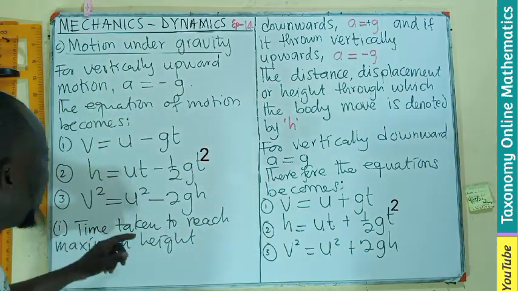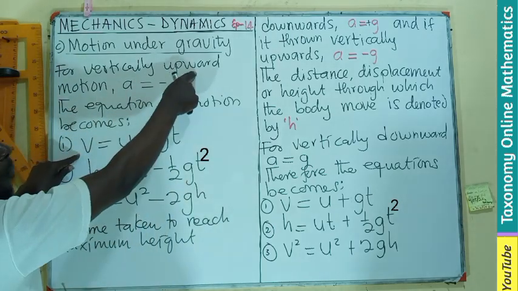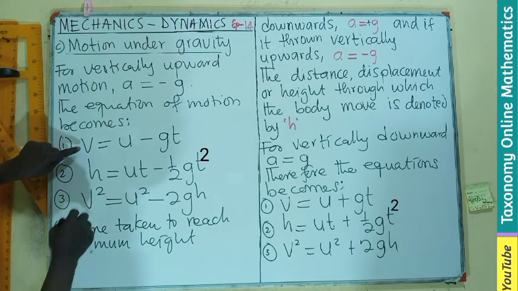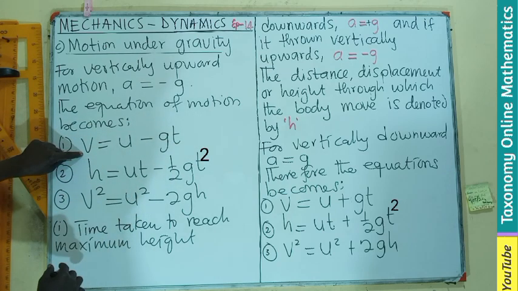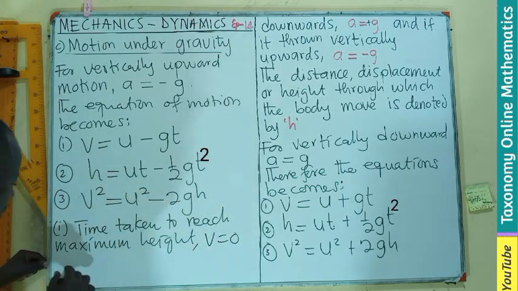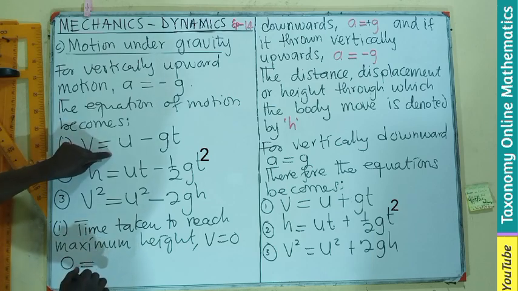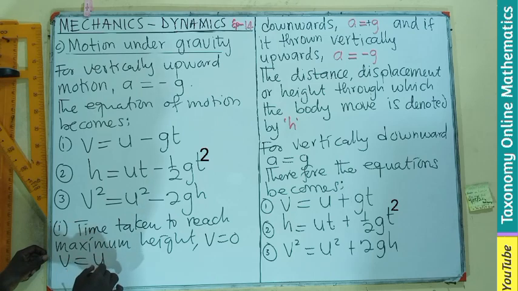So if I am picking the first equation, this is upward movement. I can easily say that using this particular equation, knowing the time, the final velocity v becomes zero. Let me state it from the beginning. v equals u minus gt.